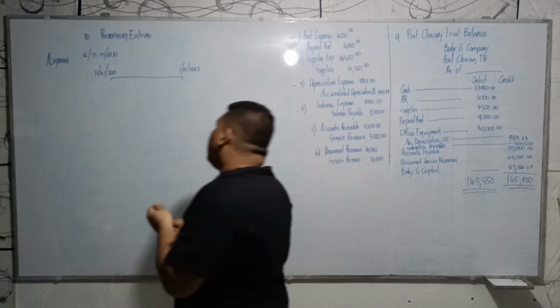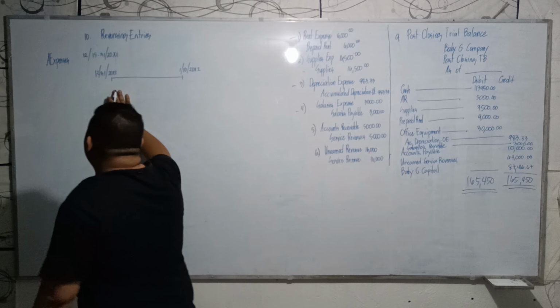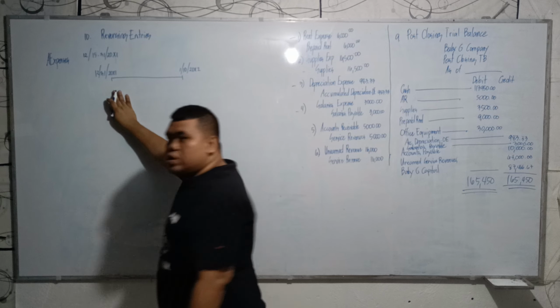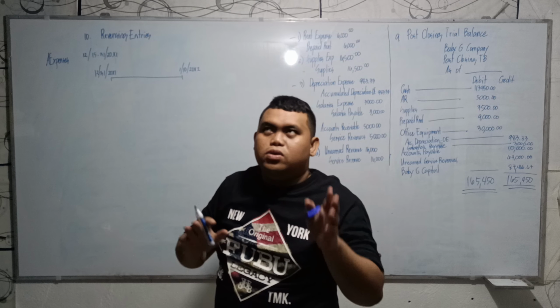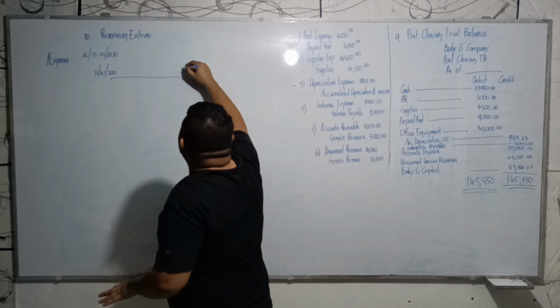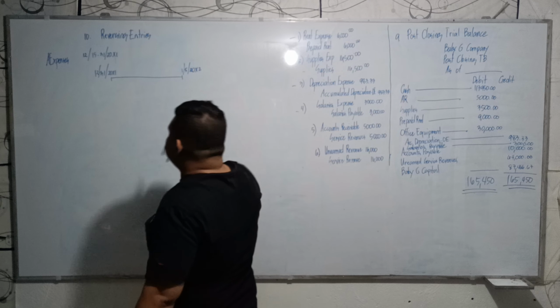So let me illustrate. For example, on 12/31/20x1, you have delivered goods, you have delivered your services already to a customer. However, he or she is to pay on 1/5/20x2. So what will happen?